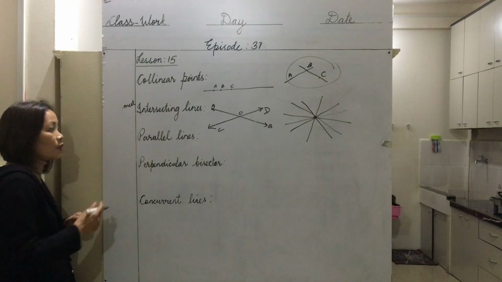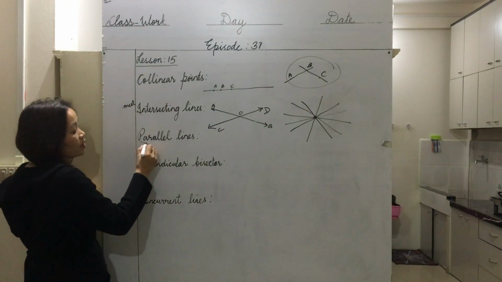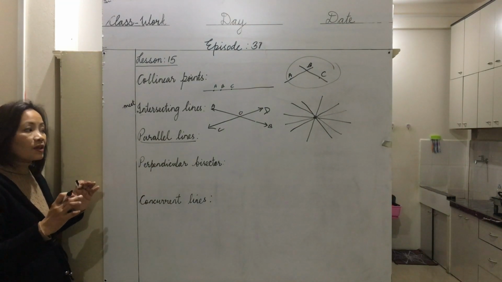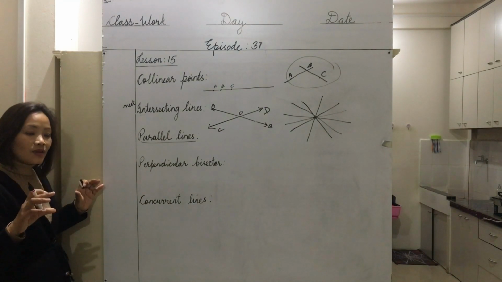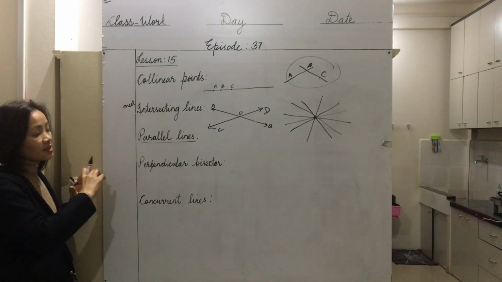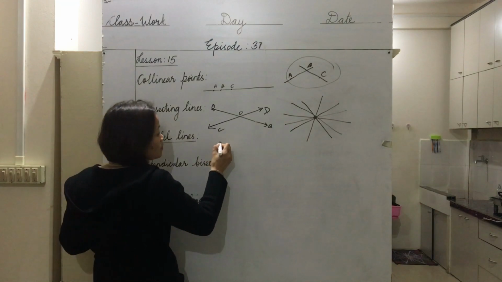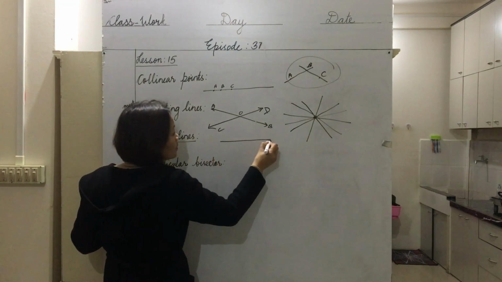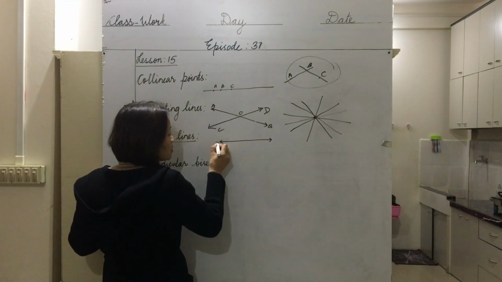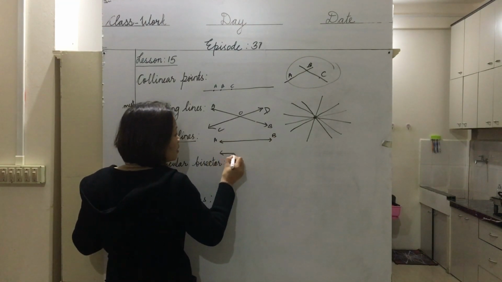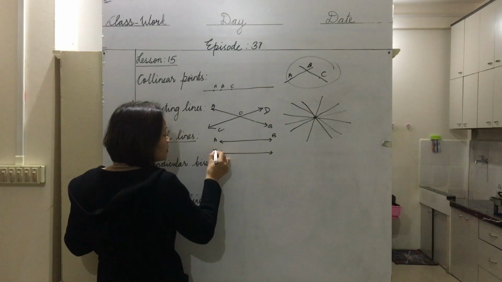Next we have parallel lines. Parallel lines are lines that never meet each other, even if they are extended, right? For example, this is line AB, this is line XY, right?